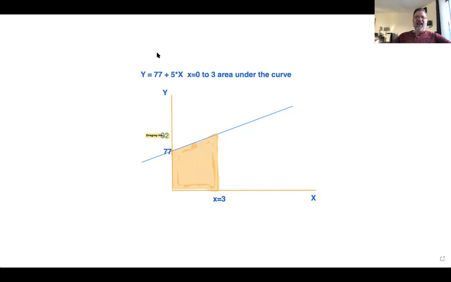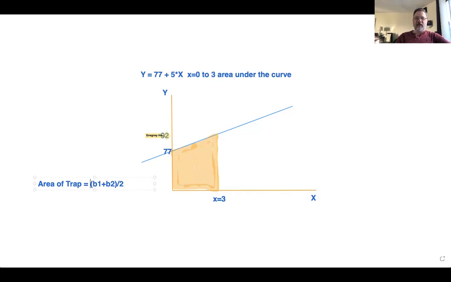Right? Yeah. And so this was actually an earlier part of the homework, if you remember, but the area of a trapezoid is equal to the average of the bases, so b1 plus b2 divided by 2.